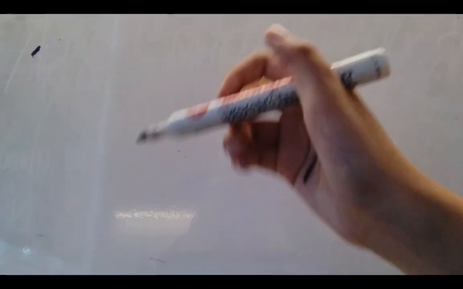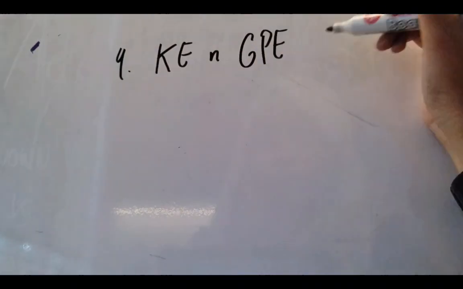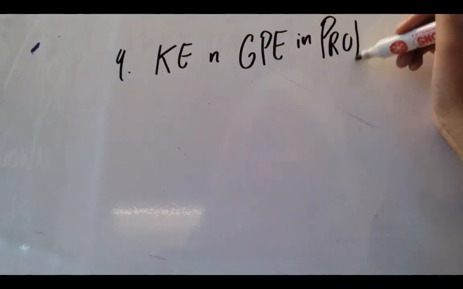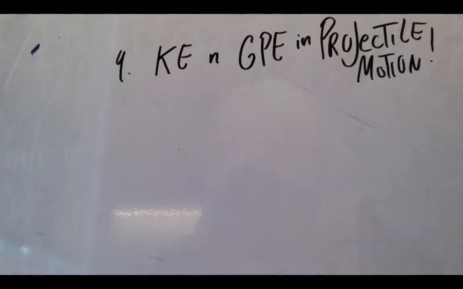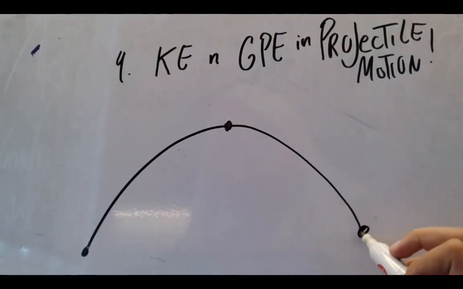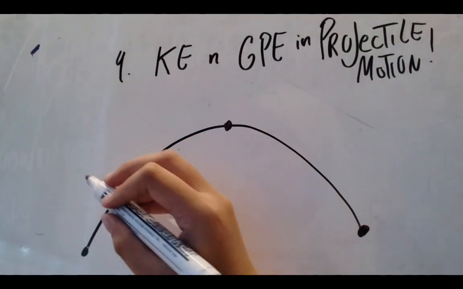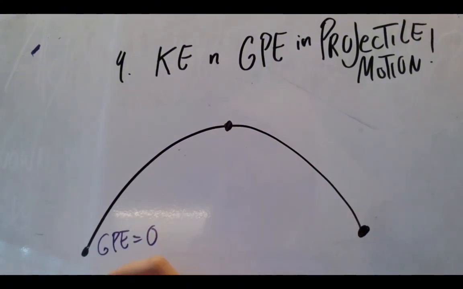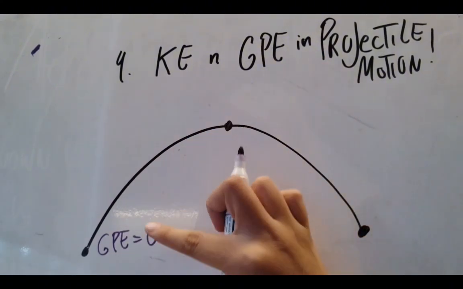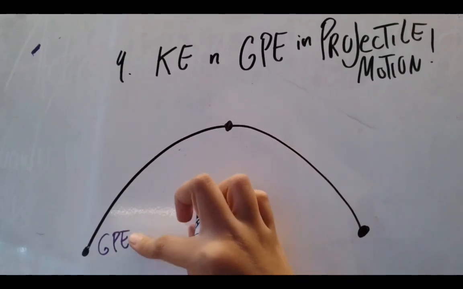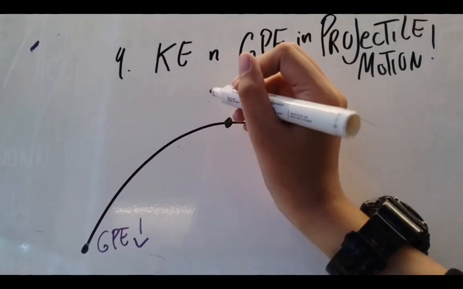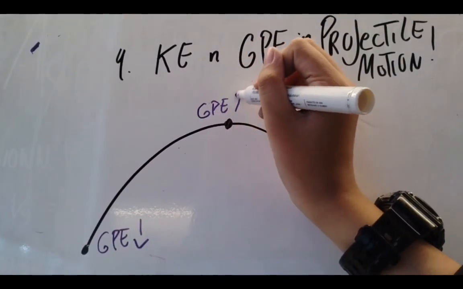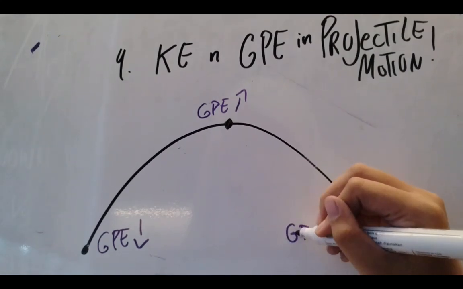Now, last but not least, kinetic energy and potential energy in projectile motion. Let's start with GPE. When the ball is close to the ground, the GPE decreases, but at maximum height, the GPE reaches its highest value.